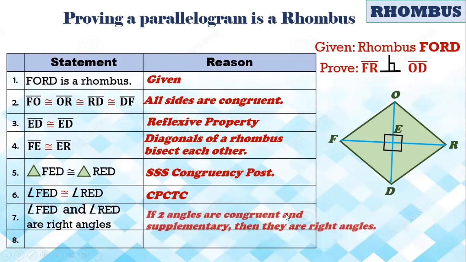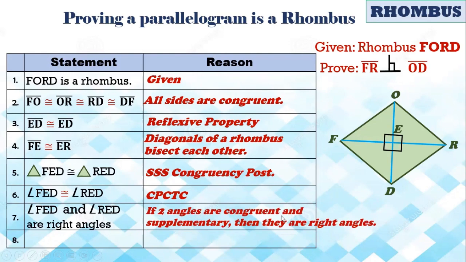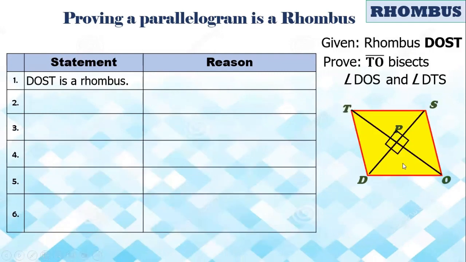So the theorem is that if two angles are congruent and supplementary, then they are right angles. So now we can prove that diagonal FR is perpendicular to diagonal OD. By what reason? All right, so the definition of perpendicular lines. Good job.